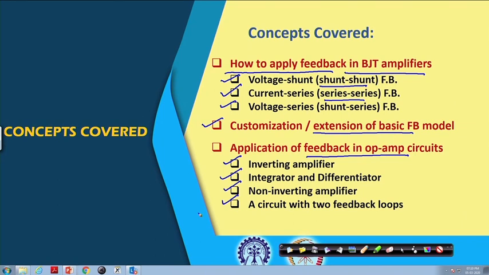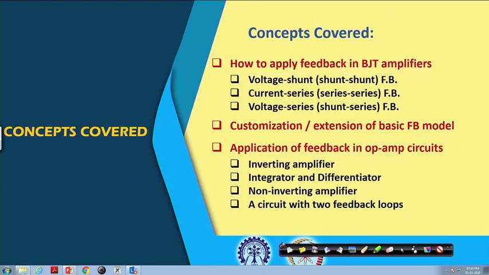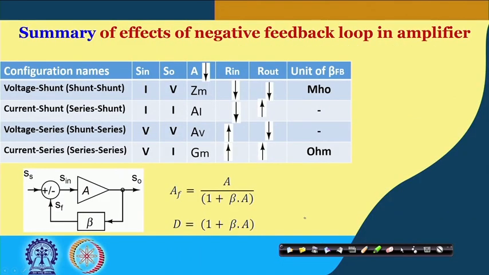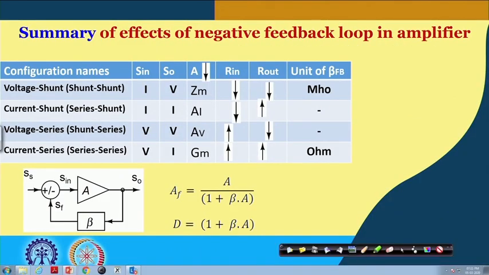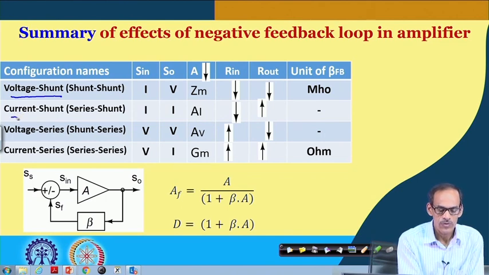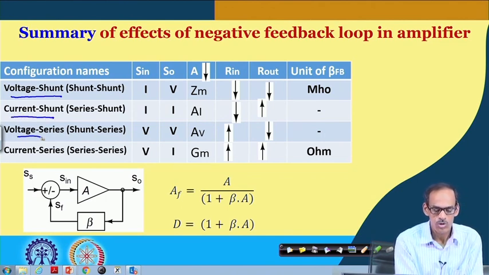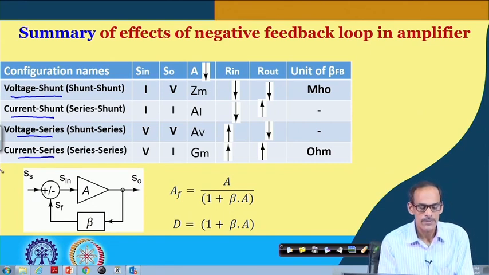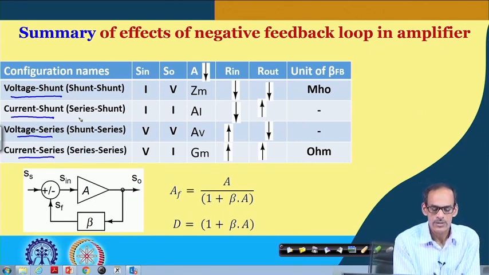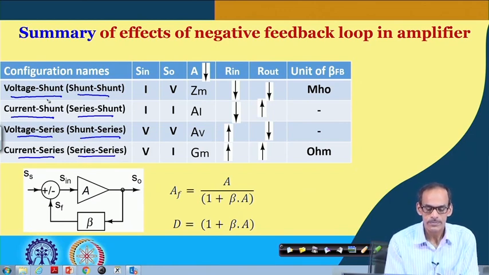To start with, let us summarize whatever we have discussed about the basic 4 configurations. Here we have 4 different configurations, namely voltage shunt, current shunt, voltage series and current series, or you may say shunt-shunt, series-shunt, shunt-series and series-series.